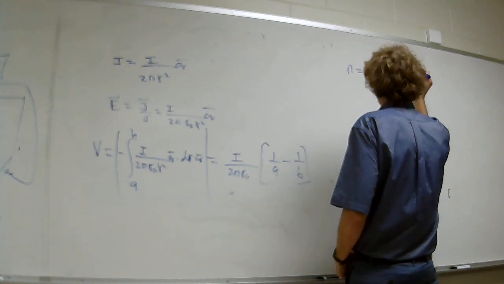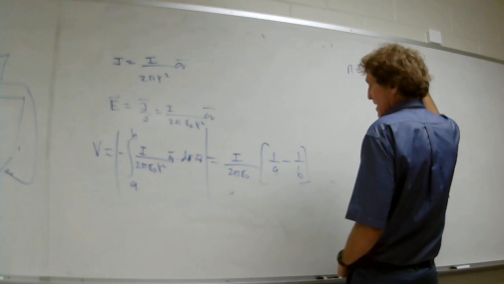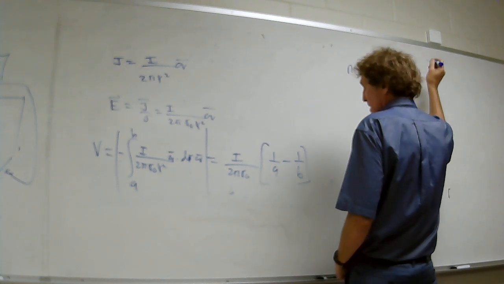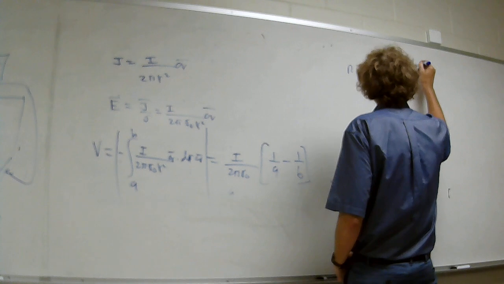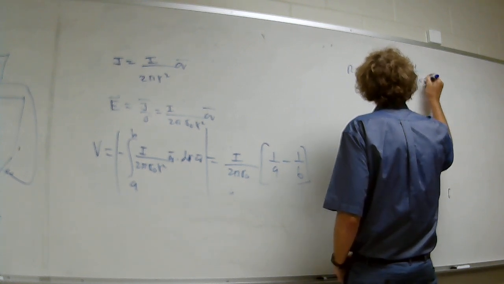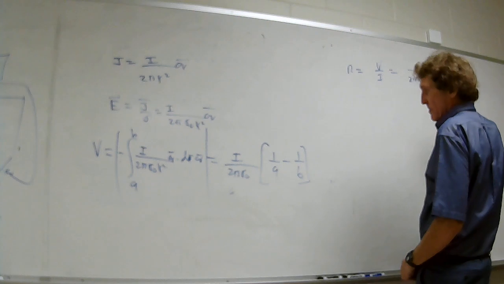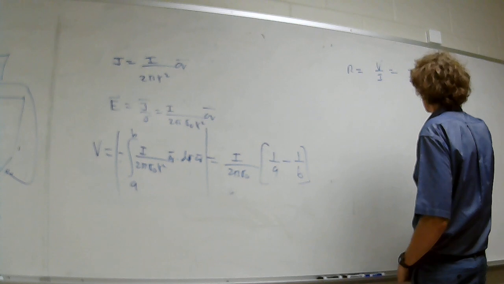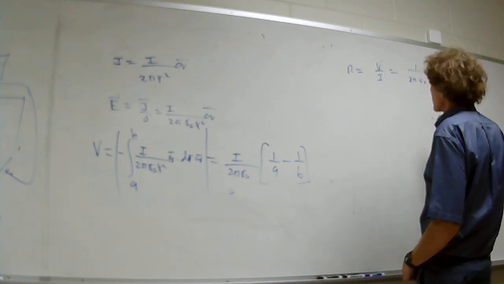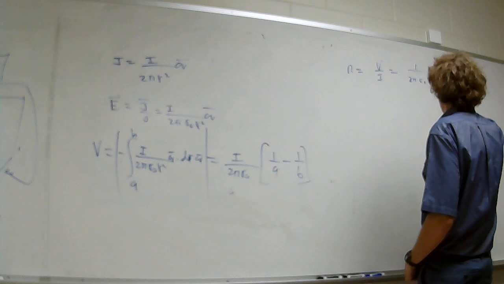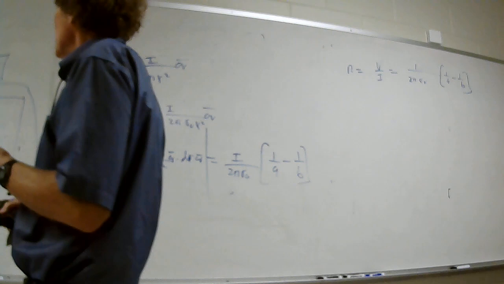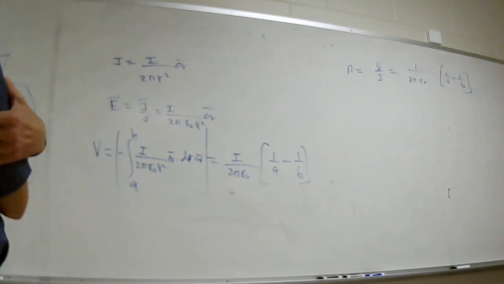That's V. That means it's simply going to be one over 2 pi sigma naught, times 1 over A minus 1 over B. Y'all agree with that?